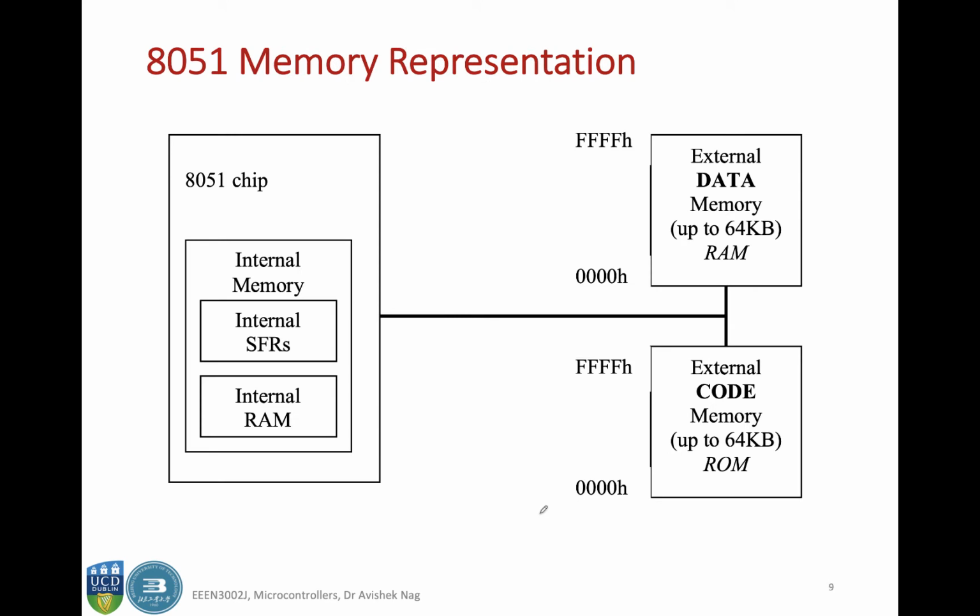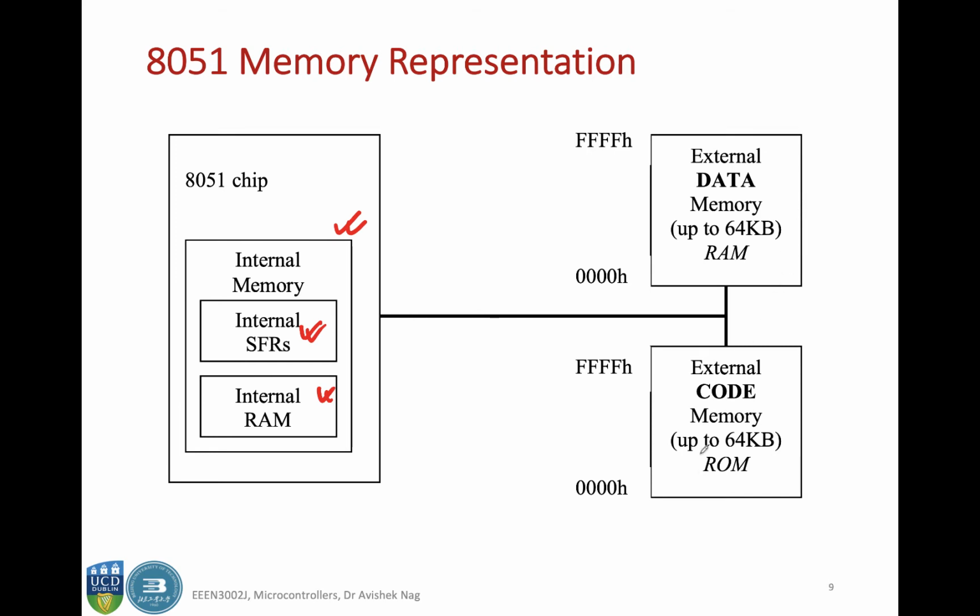So let us focus more on the 8051. Let's see the memory representation in more detail. So this is the internal memory as you saw, and then it has the internal RAM and the internal special function registers. And then you can interface them with external code memory and external data memory.